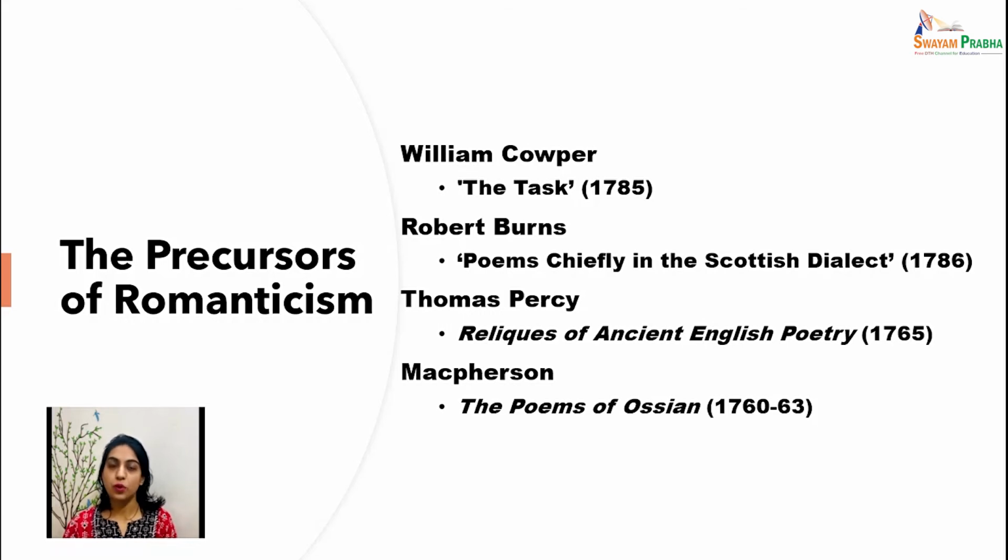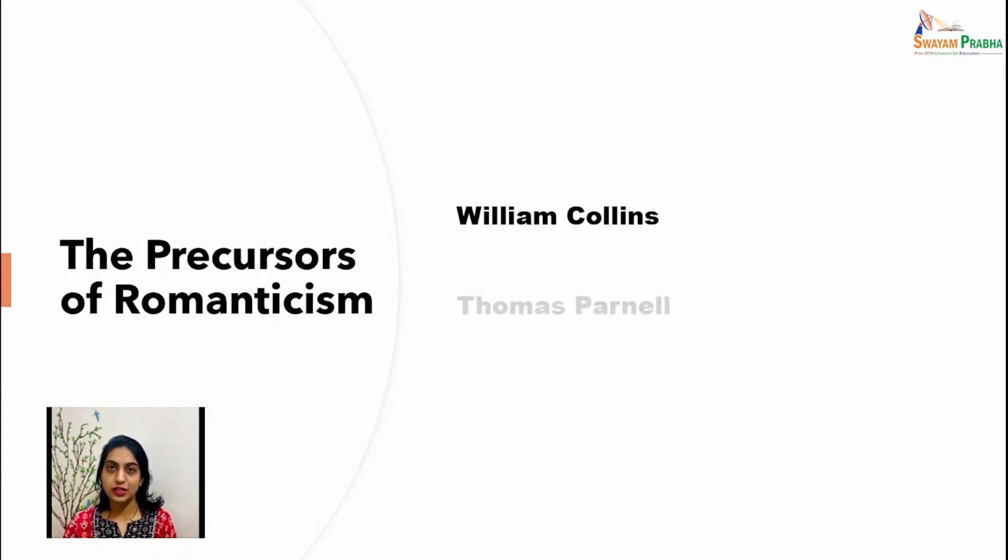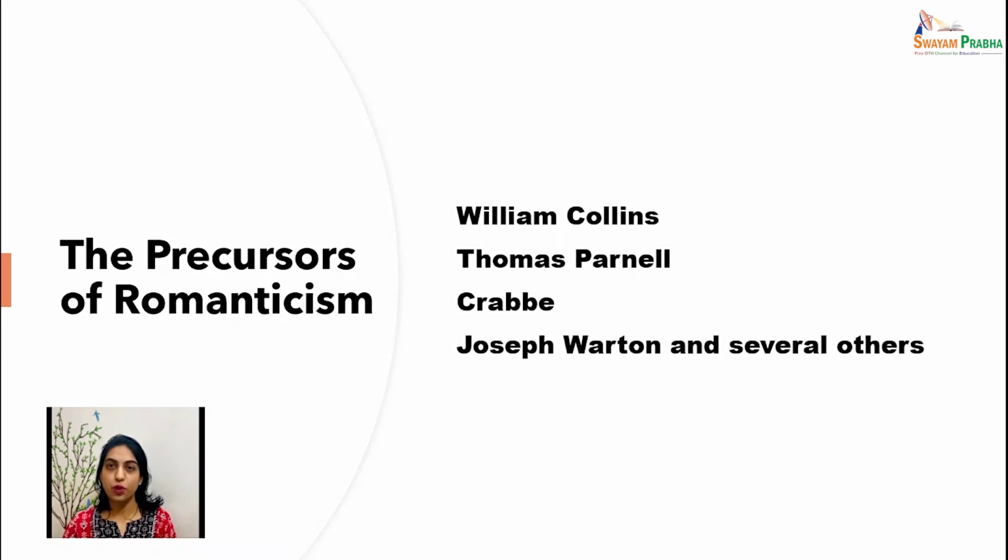Similarly, William Collins, Thomas Parnell, Crabbe, Joseph Warton, and several others like them contributed to laying the foundation of the literary movement known as Romanticism. And hence, they are known as the transition poets or the pre-romantic poets. Now, let us see how Romanticism actually began.